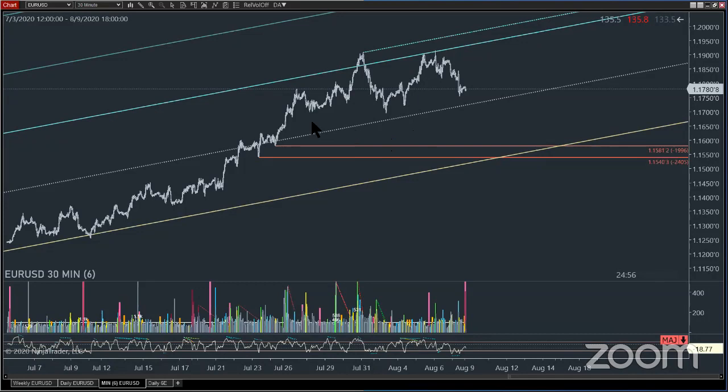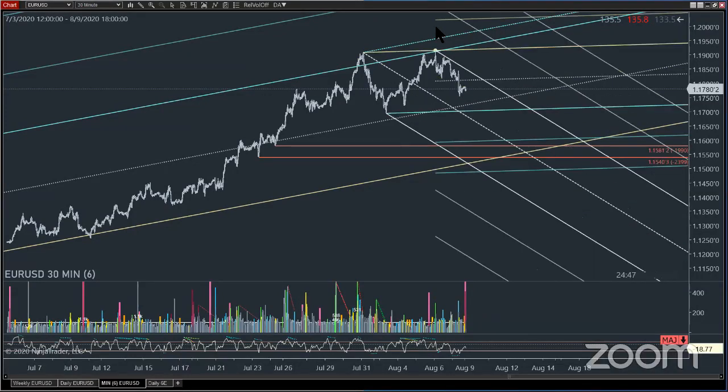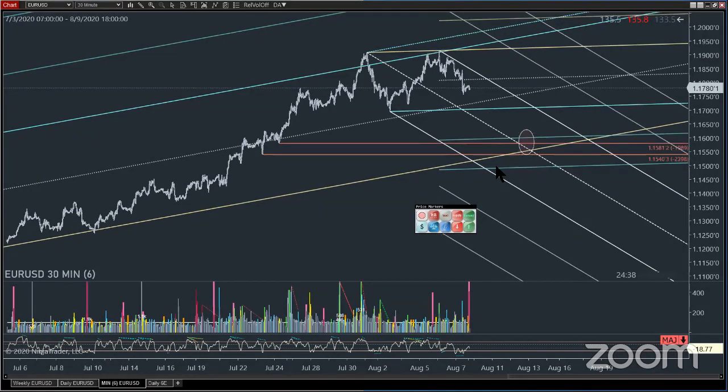All right. Yeah, so down here, 115. Look right in here. And that does look like 5 waves up there, but what if it's a B wave, like a double 3 or a zigzag?